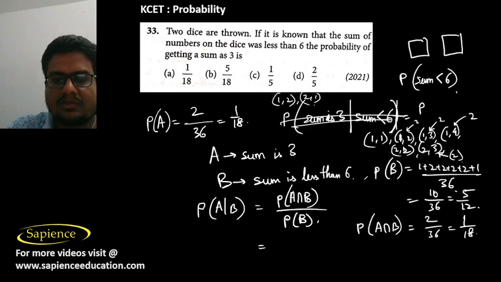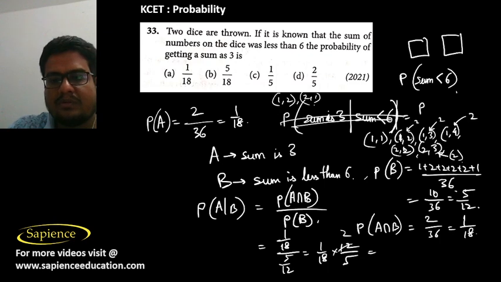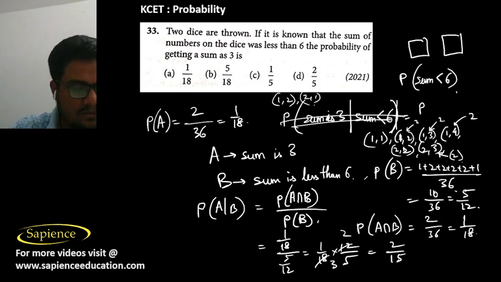P of A given B will be equal to 1 by 18 divided by 5 by 12. So this will be equal to 1 by 18 into 12 by 5.